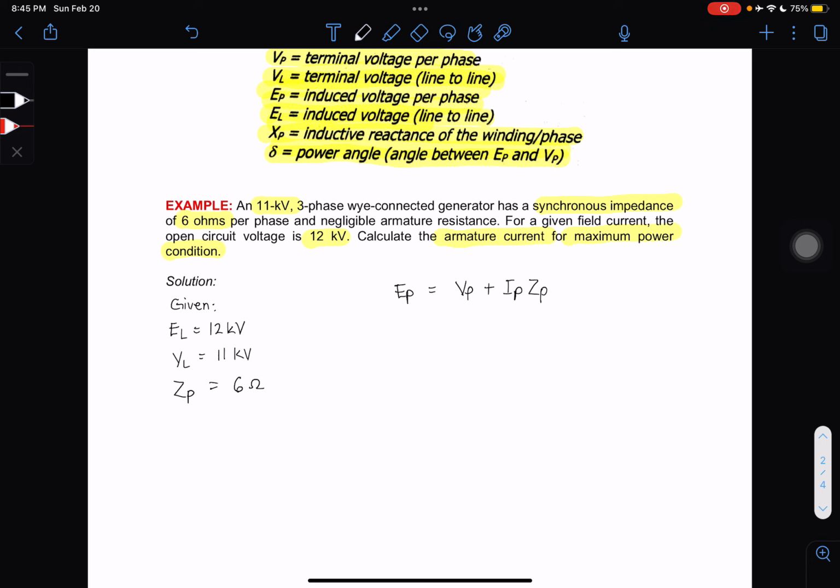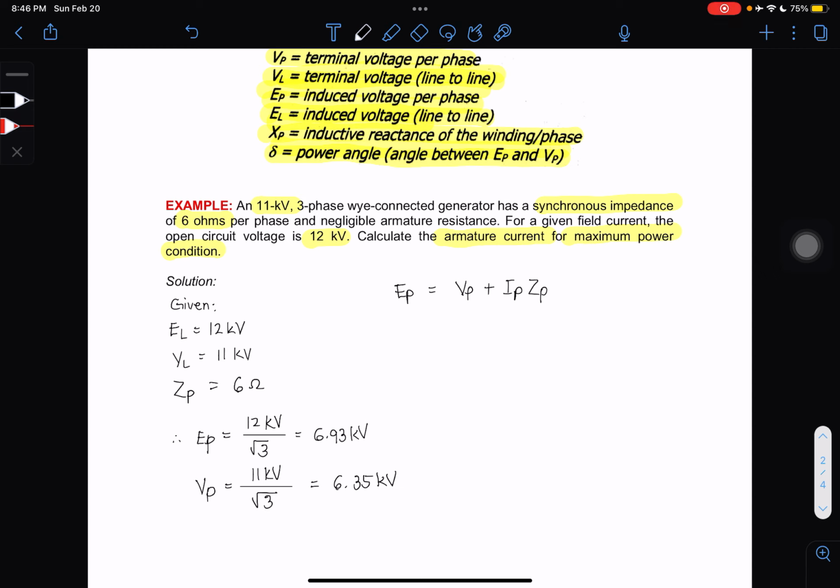So our EP, you have 12 kilovolts divided by square root of 3, is 6.93 kilovolts. And our VP, 11 kilovolts divided by square root of 3, so our answer will be 6.35 kilovolts. So we have converted them.